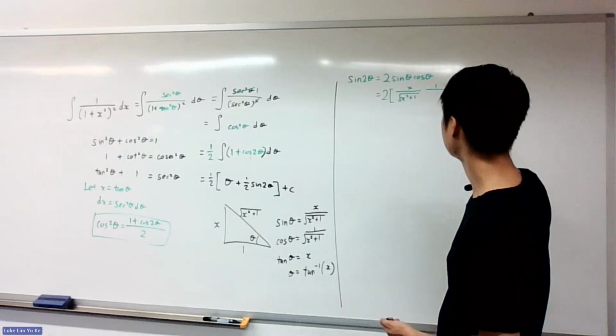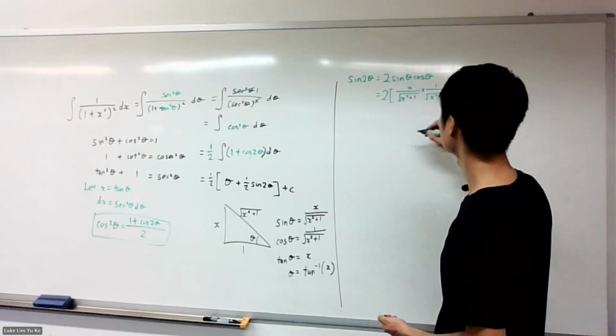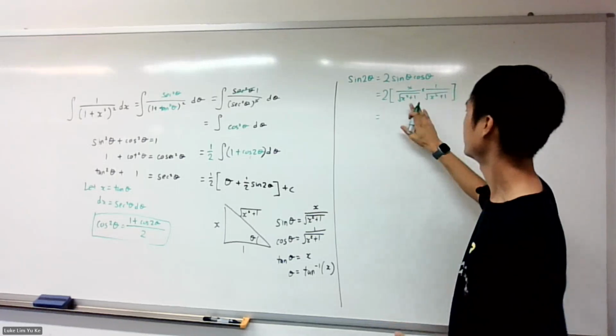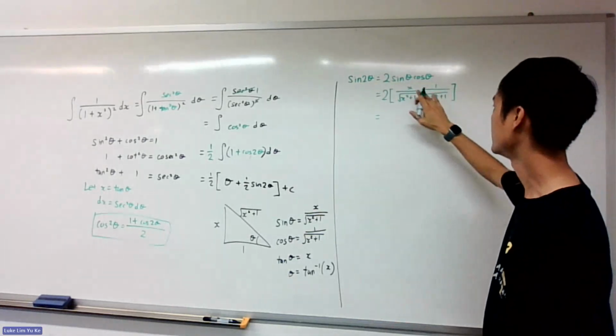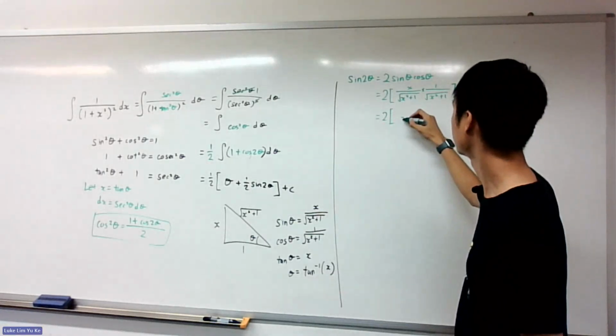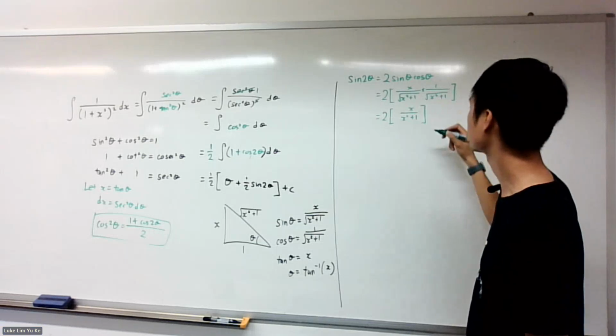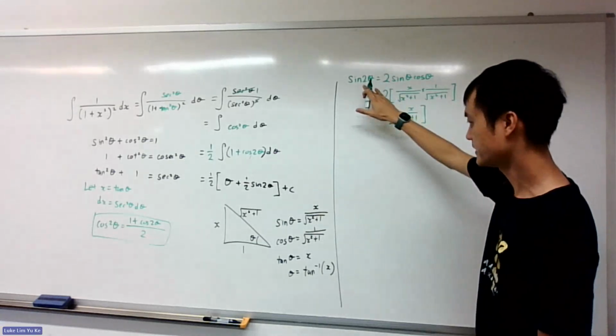We multiply them together. The denominator, we can multiply them, and the numerator, we also can multiply them. So now we'll have x over x squared plus 1. So this is sine 2 theta.